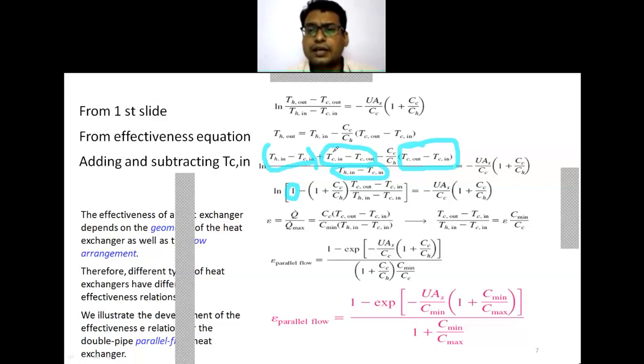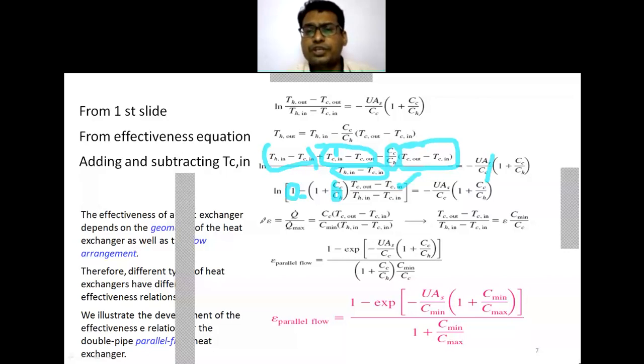So I can write here minus of this bracket, which will be the same as this. I will take out the minus as common, and here 1, and here Cc upon Ch, and the ratio of Tc out minus Tc in upon Th in minus Tc in will remain there, and the right hand side is the same.